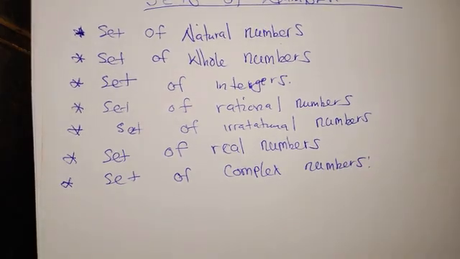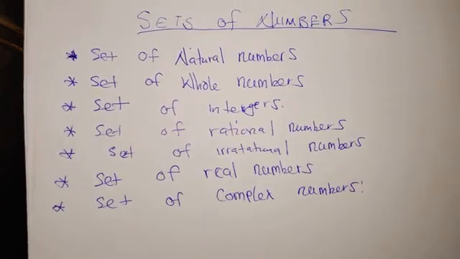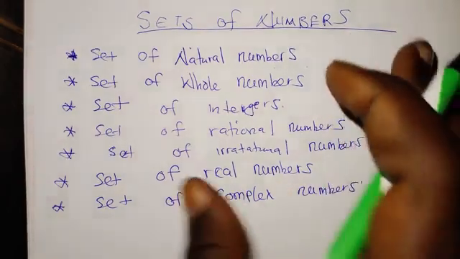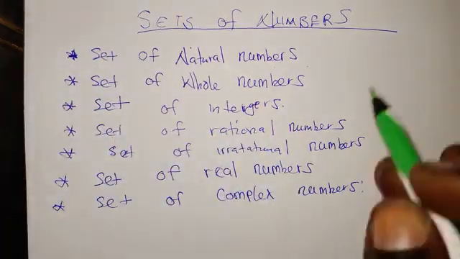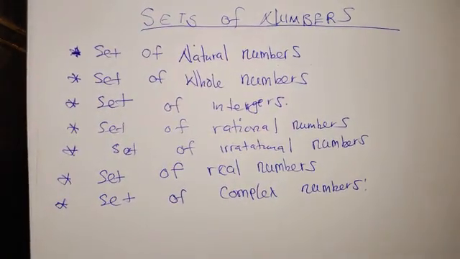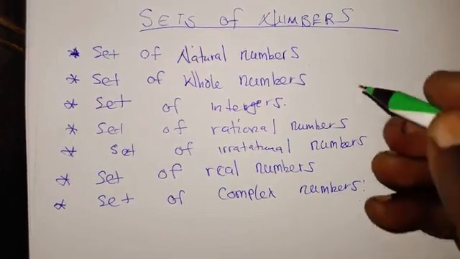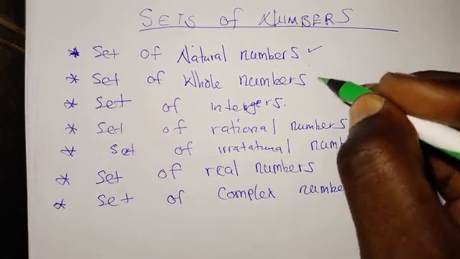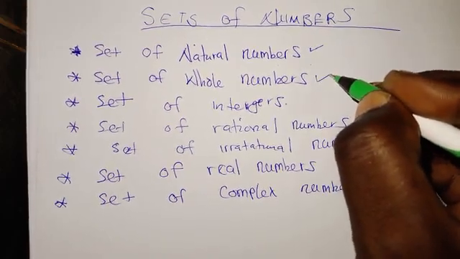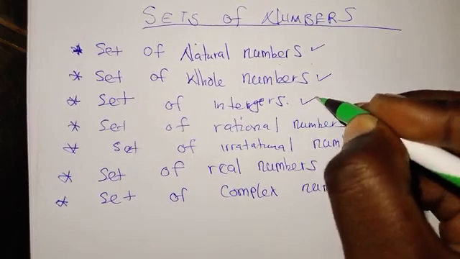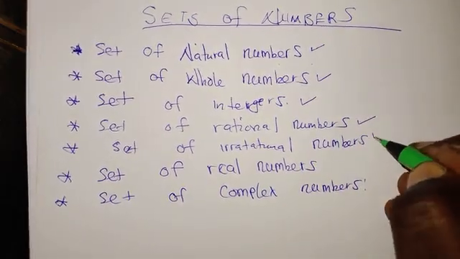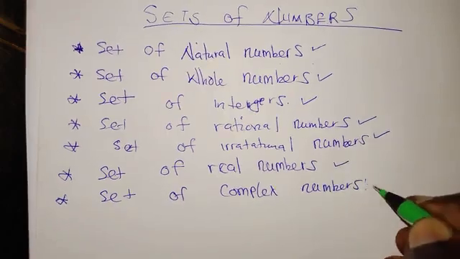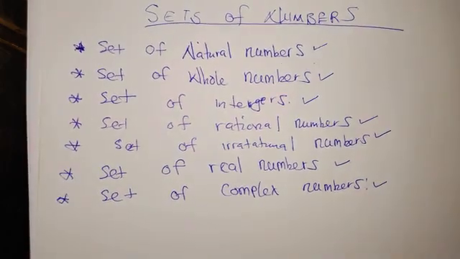So basically, when it comes to sets of numbers, the kind of information you're supposed to have should dwell on these categories. You're supposed to know what kind of set has natural numbers, what kind of set has whole numbers, what kind of numbers are integers, rational numbers, irrational numbers, real numbers, or complex numbers.